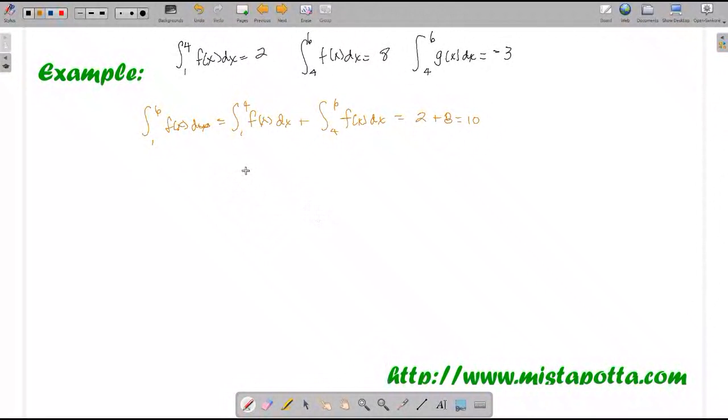I could also ask what the integral from 6 to 1 is. And because it's just an exchange of these limits, it should be the opposite of this. So it should be negative 10.